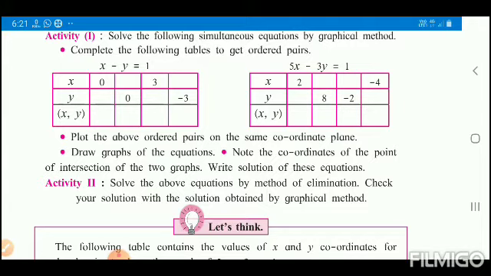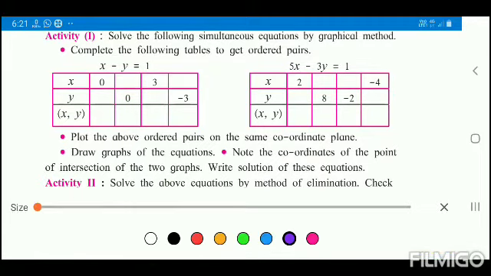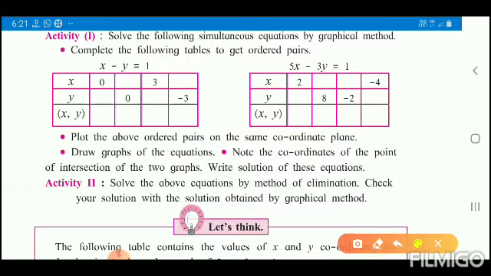And I will tell you that the solution is the x and y values: x will come negative 1 and y will come negative 2. Just draw the graph in your graph notebook and see the values of x and y. Are they correct or not?